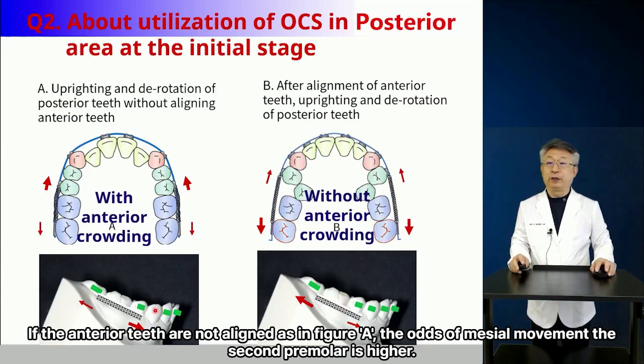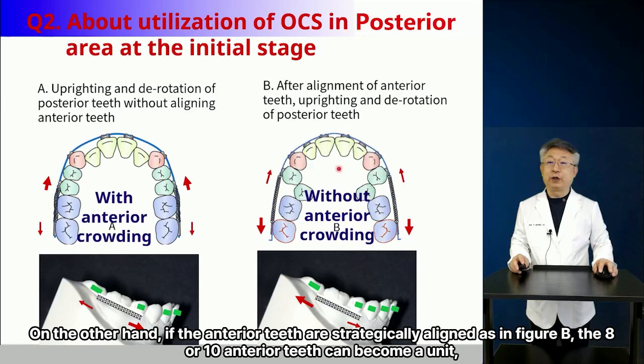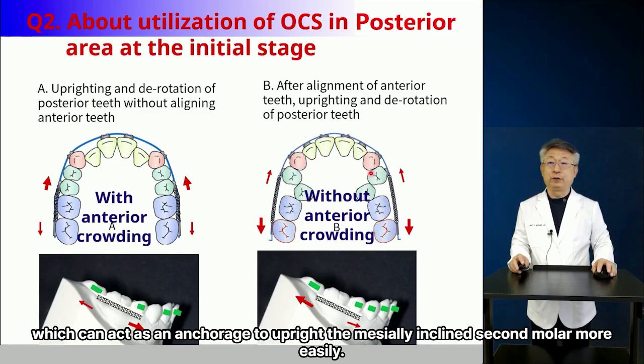If the anterior teeth are not aligned as in Figure A, the odds of mesial movement of the second premolar are higher. On the other hand, if the anterior teeth are strategically aligned as in Figure B, the 8 or 10 anterior teeth can become a unit, which can act as an anchorage to upright the mesially inclined second molar more easily.